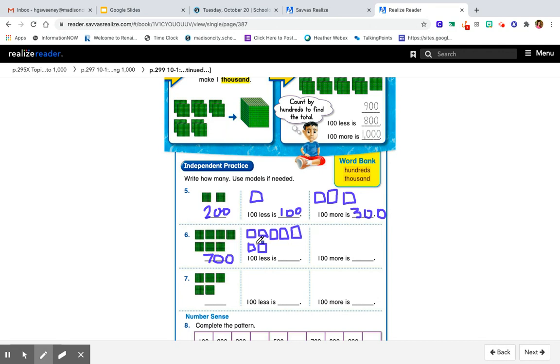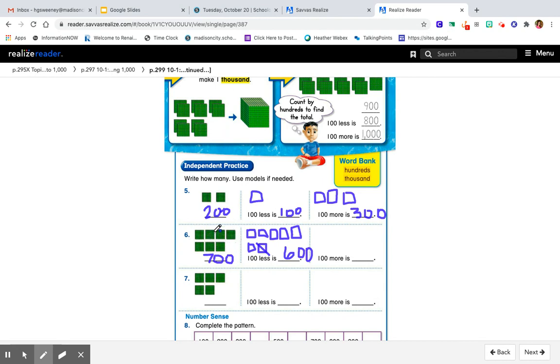If we take one of those away, I'm going to cross mine out, but you can actually pick one of your hundreds flats up. How many hundreds flats do you still have in front of you? Count them out. 1, 2, 3, 4, 5, 6. So 6 flats equals 600.